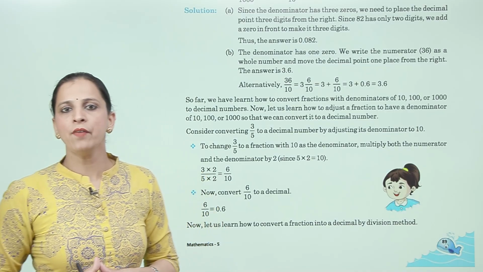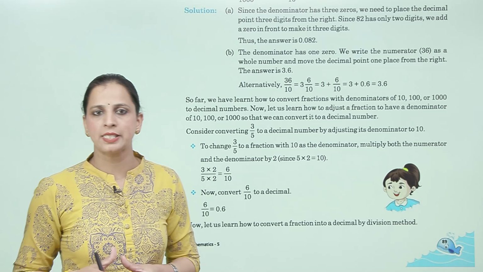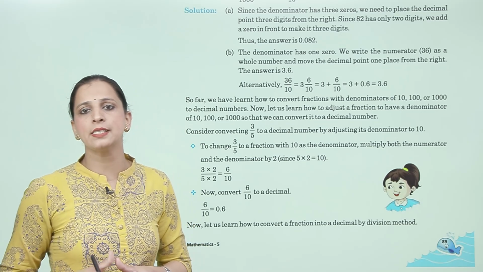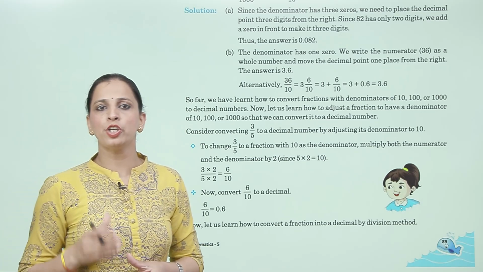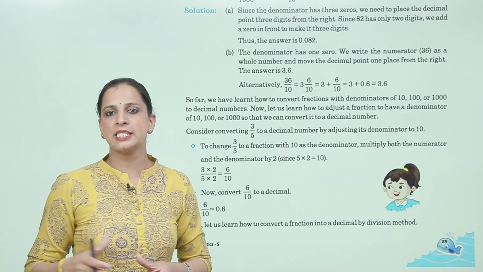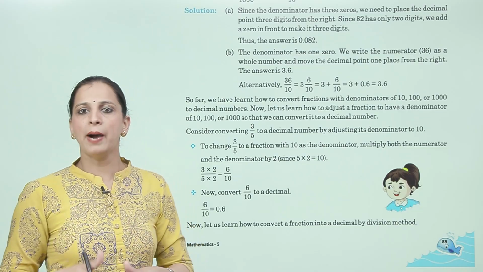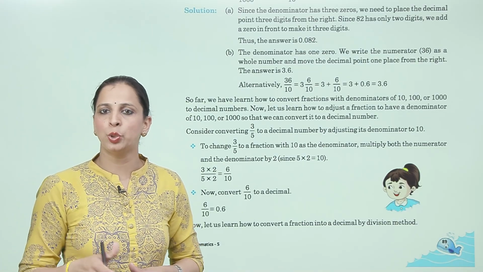So far, we have learned how to convert fractions with denominators of 10, 100 or 1000 to decimal numbers. Now, let us learn how to adjust a fraction to have a denominator of 10, 100 or 1000 so that we can convert it to a decimal number. Now, consider converting 3 by 5 to a decimal number by adjusting its denominator to 10.